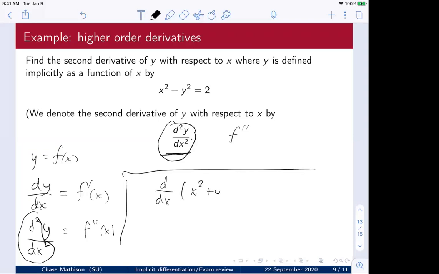I'm just going to do what we've always done with implicit differentiation and differentiate both sides. We'll do the easy side first. What's the derivative of 2 with respect to x? 0. All right, now the left-hand side. What's the derivative of x squared plus y squared with respect to x?